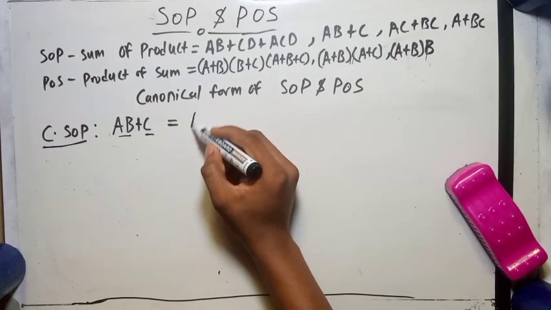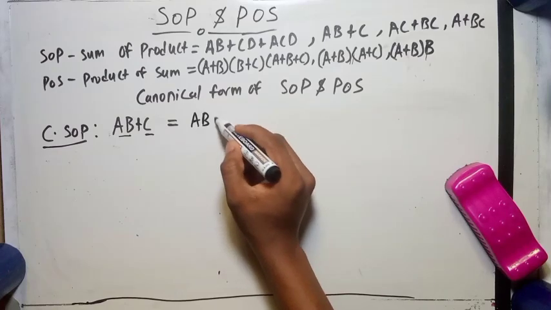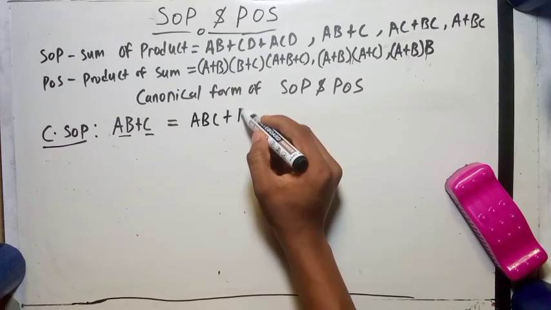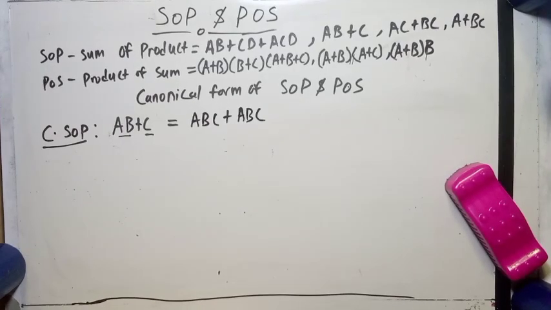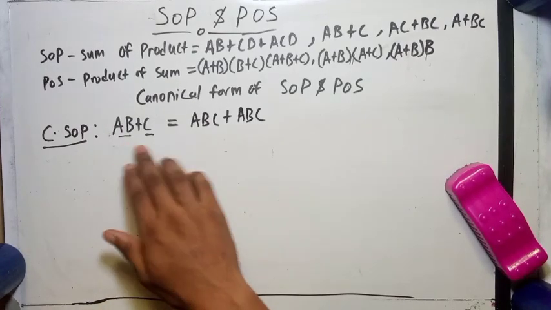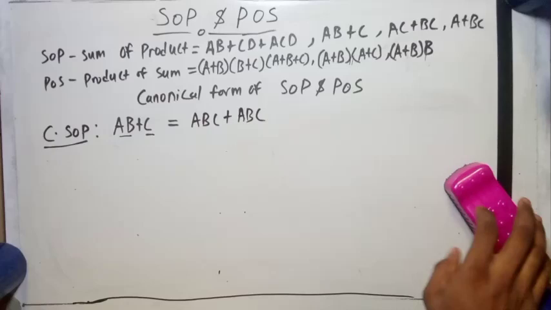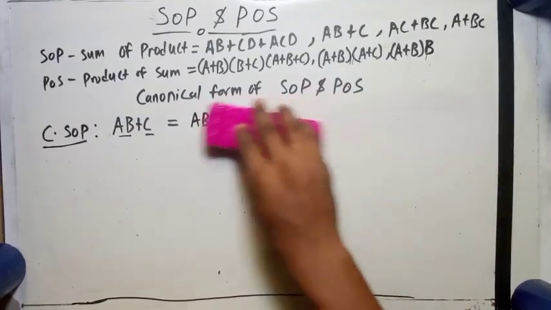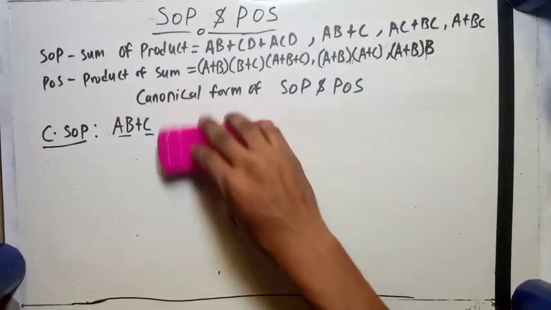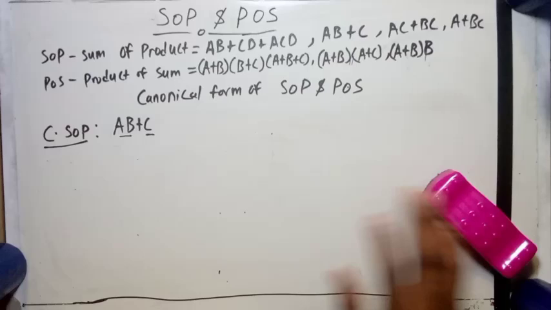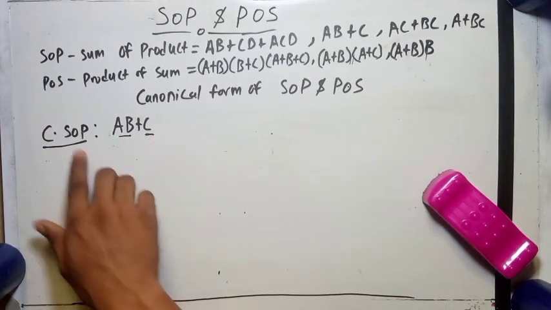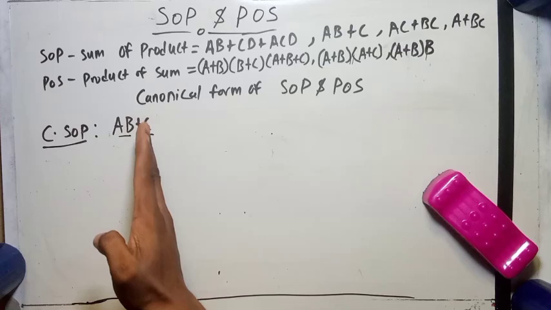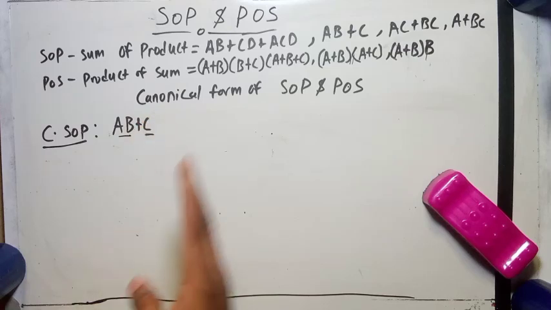So we're going to have something like ABC plus ABC. This is our aim, to make each product have A, B, C. It doesn't matter the way it will happen, but we want to see A, B, C in each of these products because this is an SOP. So in between them is a plus.